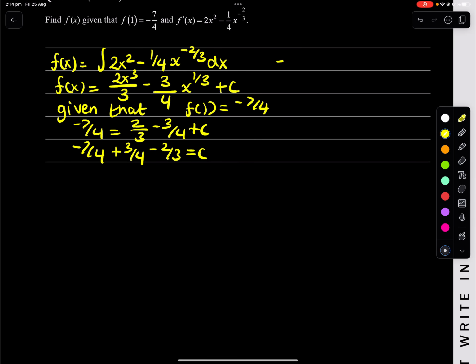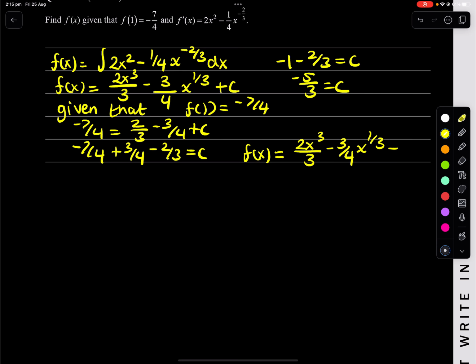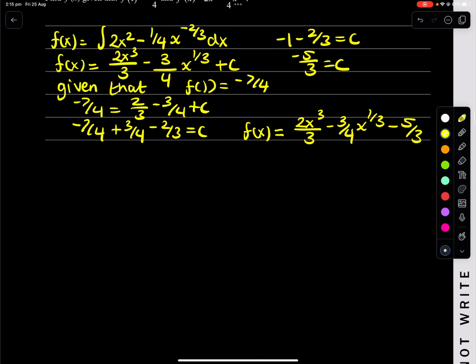So it'll be negative 1, minus 2 on 3 equals c, which in this case will be negative 5 over 3 equals c. So your final answer for f of x is 2x^3 over 3 minus 3 over 4 x^(1/3) minus 5 on 3. That's your answer.